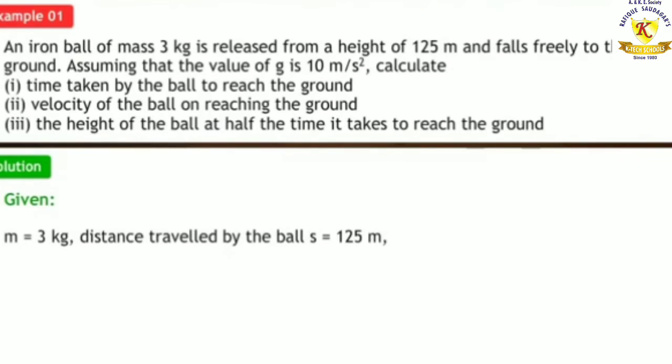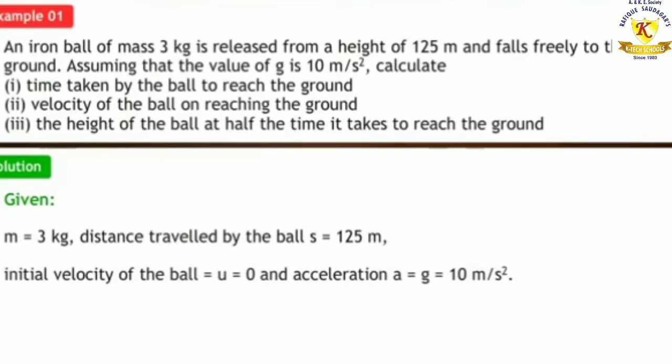Given m is equal to 3 kg. Distance travelled by the ball s is 125 meter. Initial velocity of the ball, that is u, is 0 and acceleration a equal to g is 10 meter per second square.